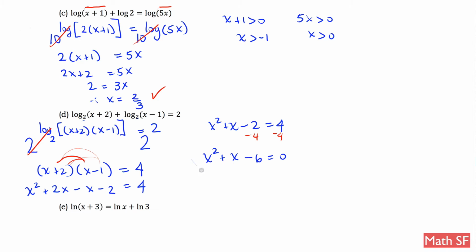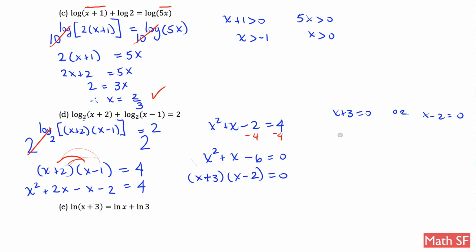Now this is a quadratic equation, which I can factor: x plus 3 and x minus 2 equals 0. Because this is a quadratic equation, x plus 3 equals 0, or x minus 2 equals 0.